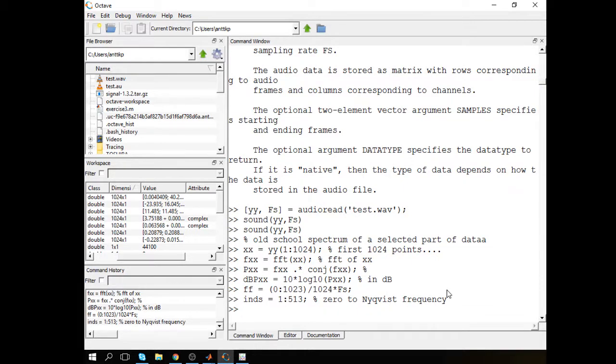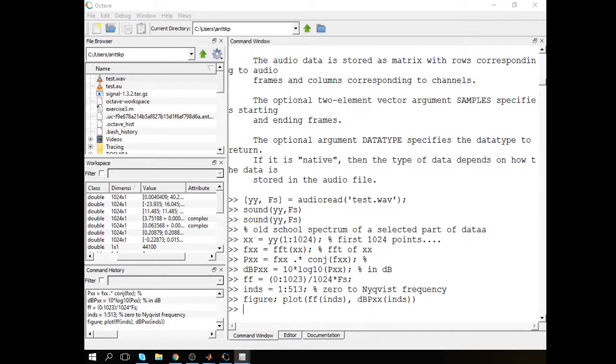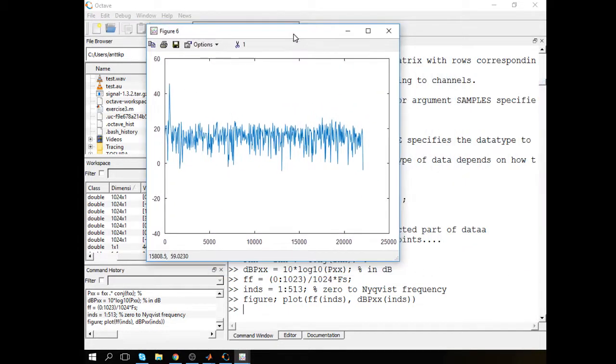There. Now we can plot it. New figure. Plot ff ins and dB Pxx ins. And let's see if it breaks or not. It didn't break at all.